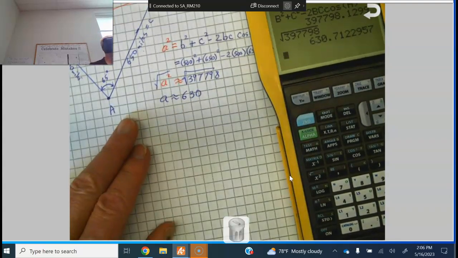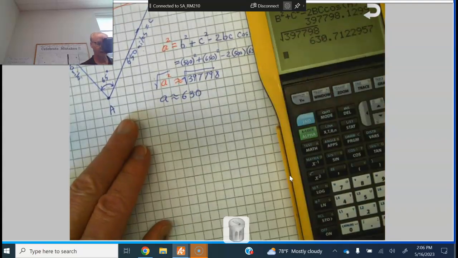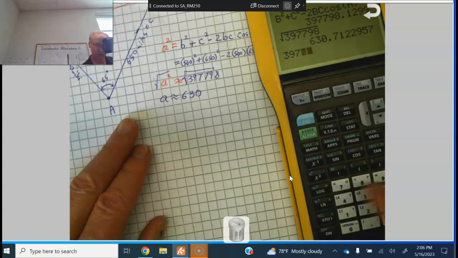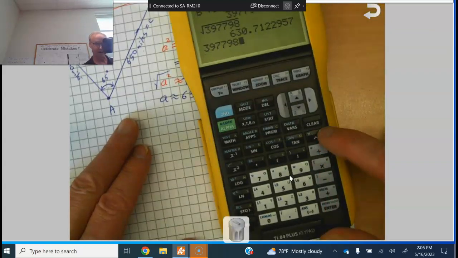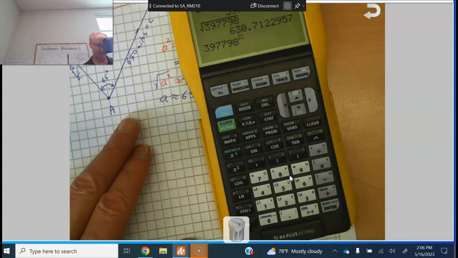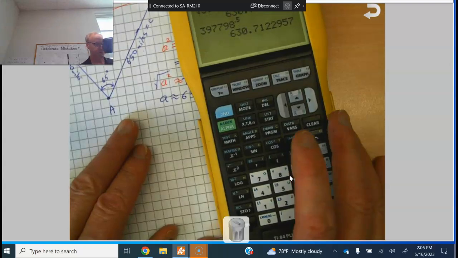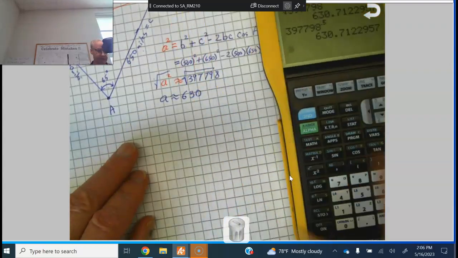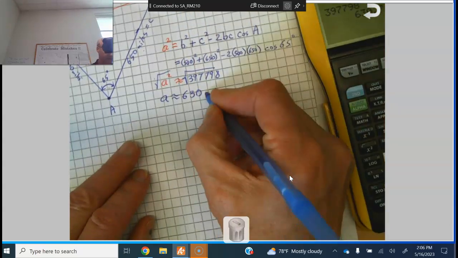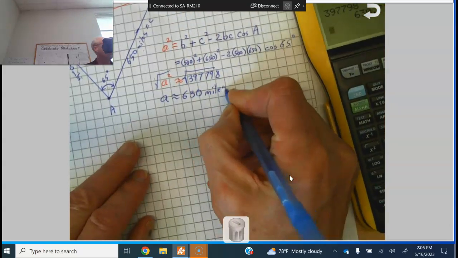Your other option is that instead of a square root, you can take it to the power of 1/2. I use the power key, which is this little arrow key, to the 0.5, and it'll give you the same answer. I get about 630 miles for the distance between them.